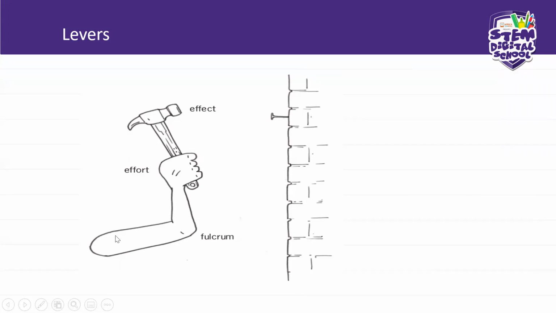But if we say the effort is here, the fulcrum is here, and the load is here, that makes it a first class lever. Okay? I hope that really made you understand the classification of the arm. But going forward now, we are not doing levers today. I only wanted to correct the classification of the arm as a third class lever.